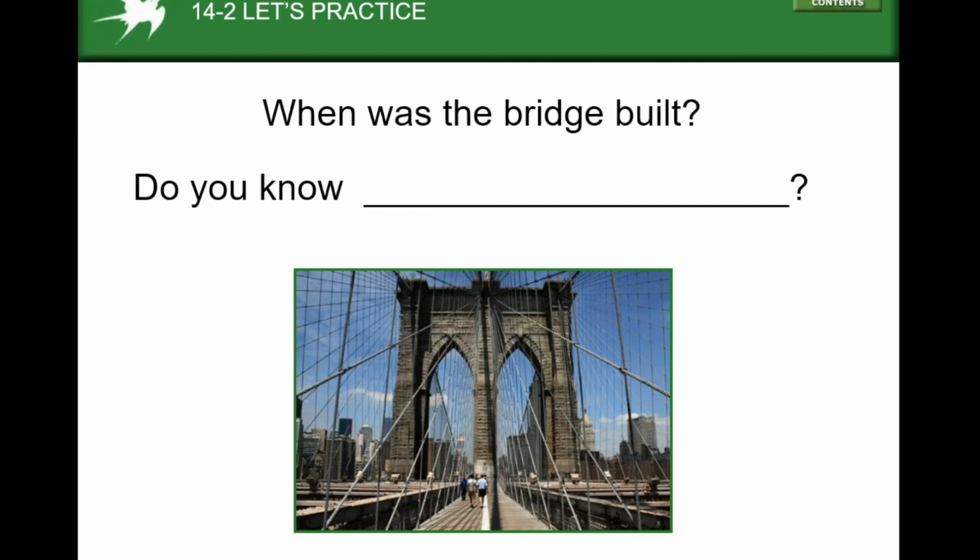Now let's try. When was the bridge built is our question. And our sentence becomes, do you know when the bridge was built?